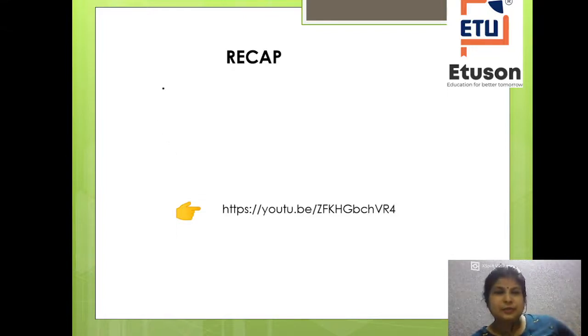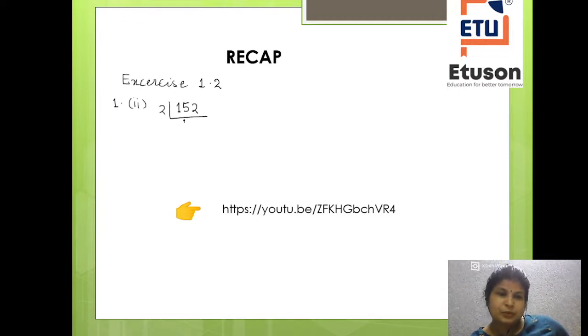So we were doing exercise 1.2, question number 1, in that bit 2, right? Question number 1 bit 2, and we had to express 152 in terms of its prime factors. So the number was 152. As usual, because it is divisible by 2, you divide it by 2, you will get 76.